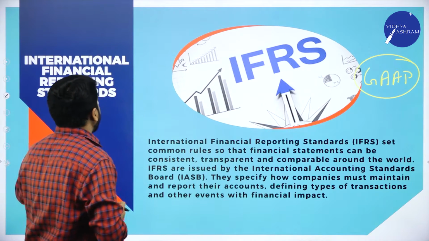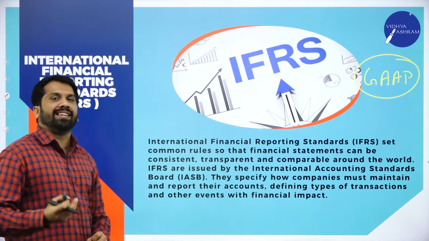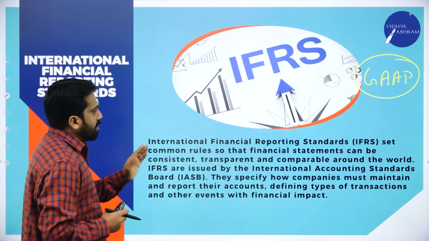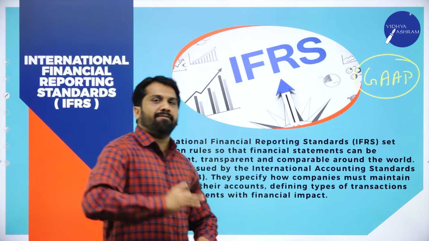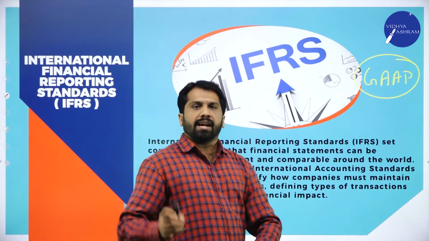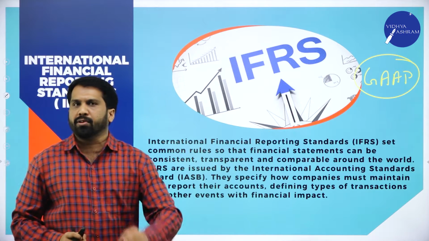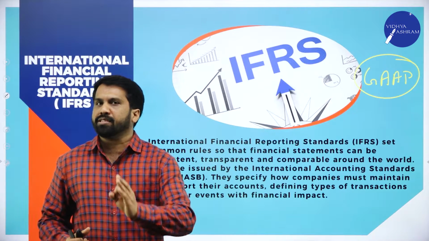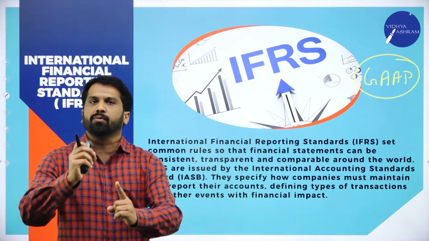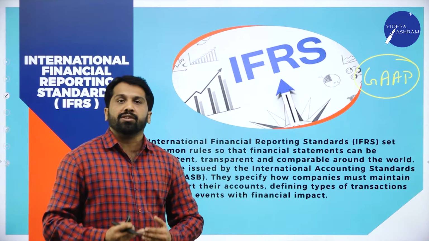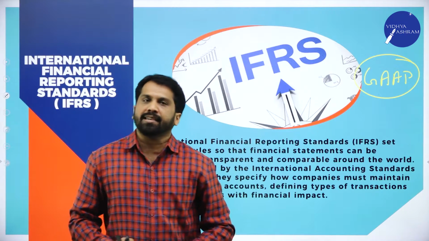Now we are in IFRS, International Financial Reporting Standards. What is IFRS? IFRS means all over the globe, all over the world, everybody should follow one rule. Everybody should follow single procedure while doing accounting. Why? Because you can compare your transaction with others' transaction.